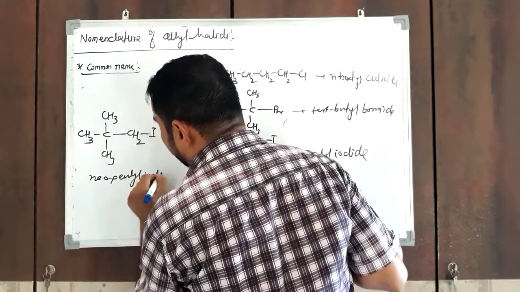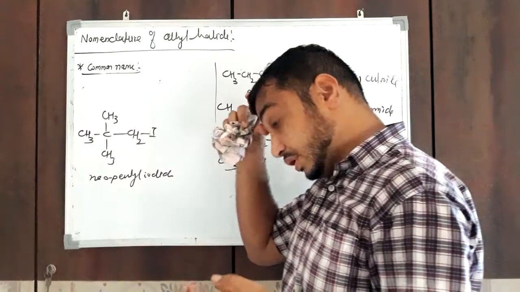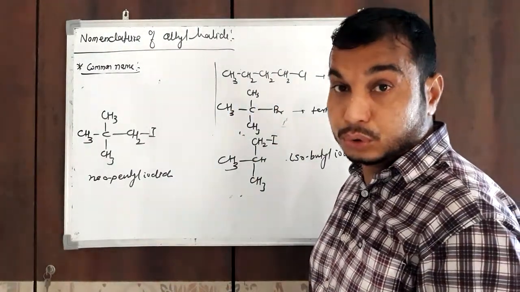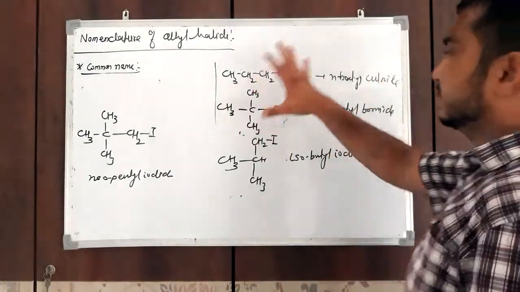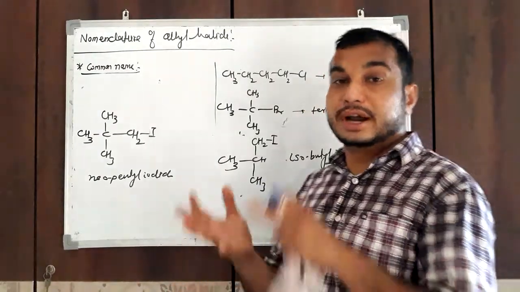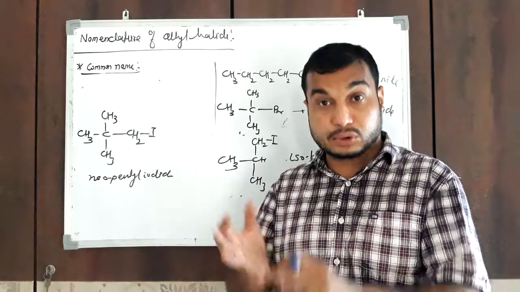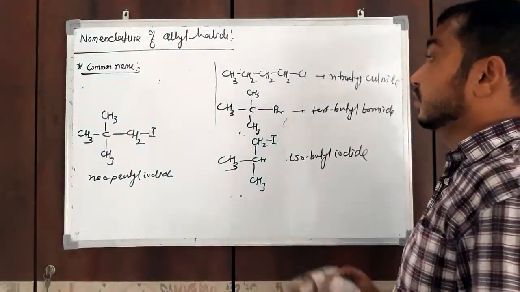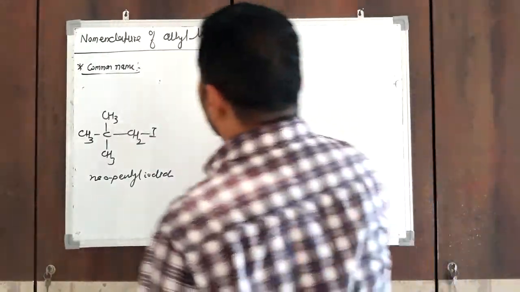We know when we have to use prefix n, iso, neo, tert. Okay, we already discussed. So these are some examples and their common name: methyl bromide, methyl chloride, methyl iodide, methyl fluoride, ethyl chloride, ethyl bromide, ethyl iodide, and so on. Okay, so these are the common name of alkyl halide.